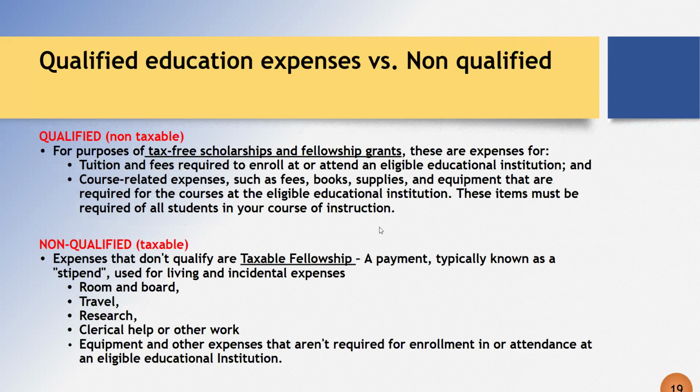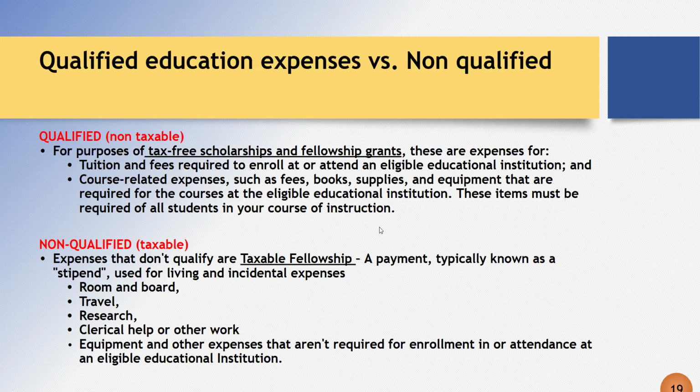So now let's talk about qualified education expenses versus non-qualified. Some of you received fellowships and you were required to complete Glacier, and some of you were not required to complete Glacier. With a qualified fellowship, you were not required to complete Glacier because the amounts were non-taxable.